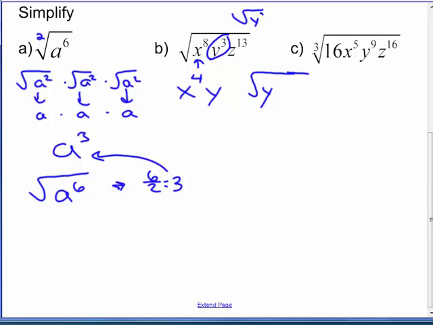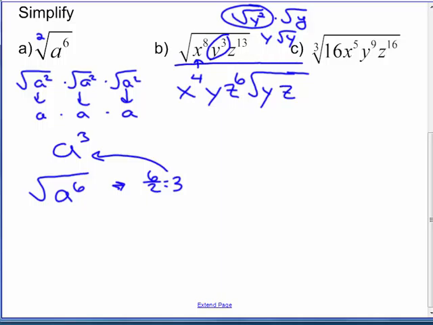If I look above here, I could break y cubed up into y squared and y, and get y times root y. The last one, z to the 13th. How many times does 2 go into 13? 6 times. And then I do have a z left inside.